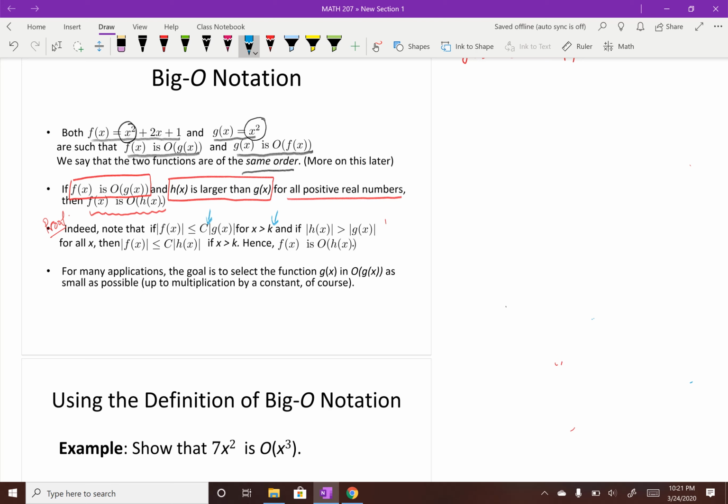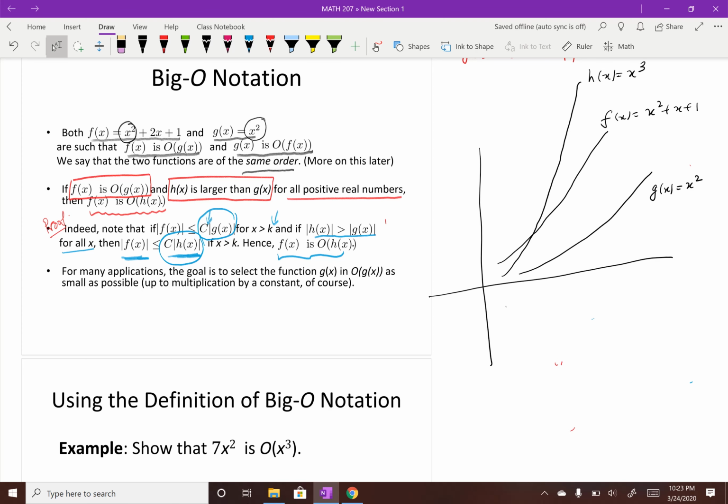And if I have my h of x function which is larger than my g of x, that means the absolute value of h of x is larger than g of x for all values of my x, then I can bound this c times g of x by this inequality c times h of x. Okay, and by using this fact I can say, since the absolute value of f of x is less than or equal to c times the absolute value of h of x, I can claim my f of x is big O of h of x.